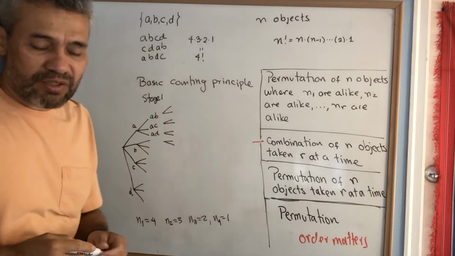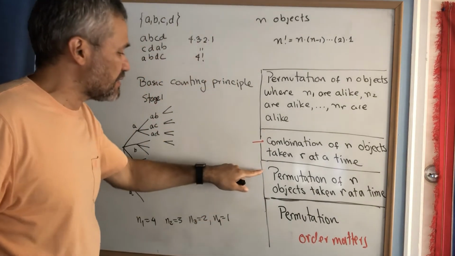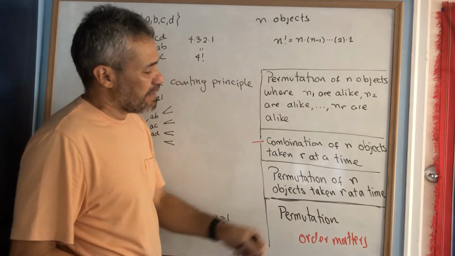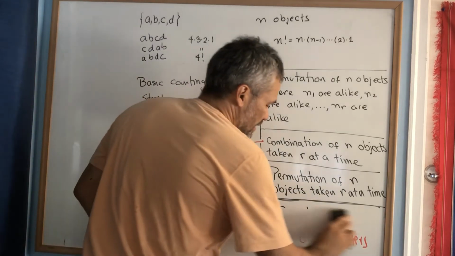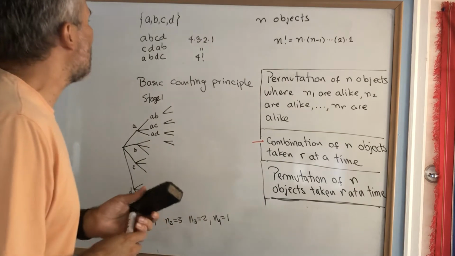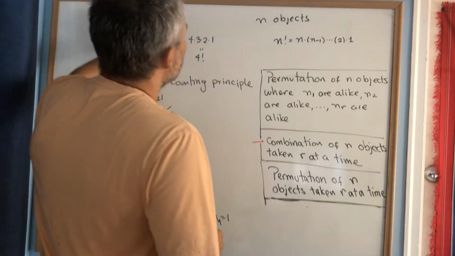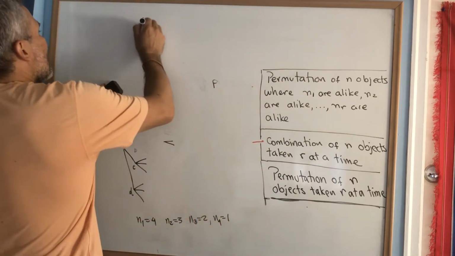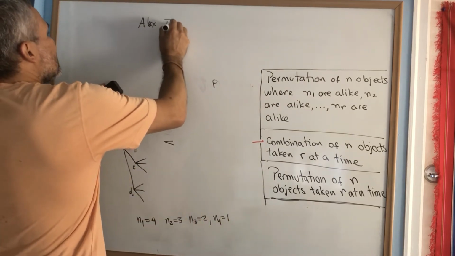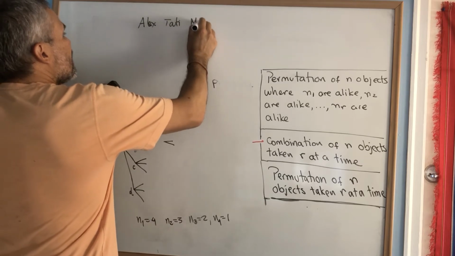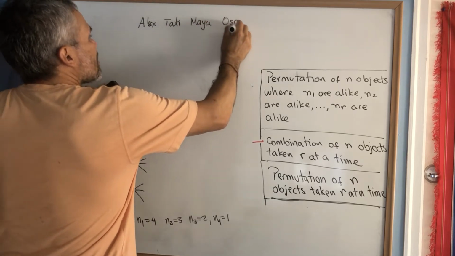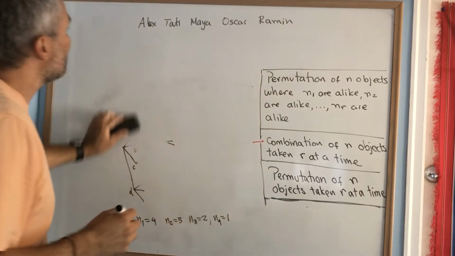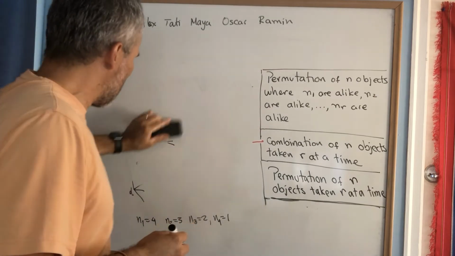There is another situation, and that is the permutation of n objects taken r at a time. What is this? Let's suppose that we have a group of people: Alex, Tati, Maya, Oscar, and Ramin. We have 5 people.